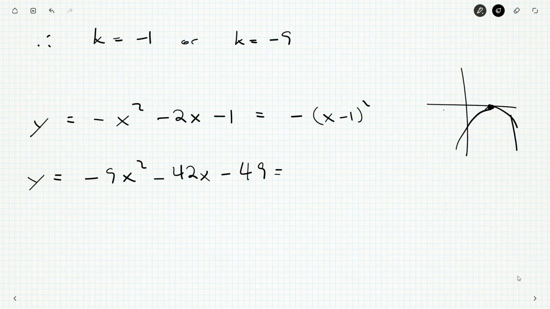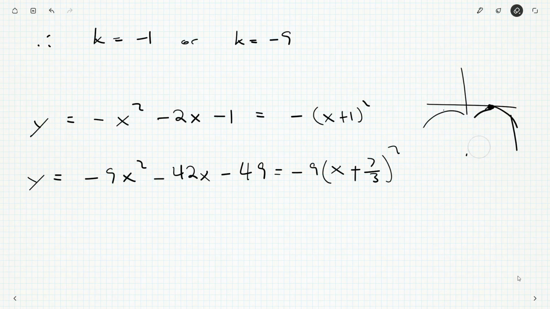Okay, and that's going to end up being minus 9 times... Oh gosh, this is going to be so much fun. Minus 7/3. Yeah. No, plus 7/3. Oh, this one should be plus 1. My mistake. I got my pluses and minuses all wrong there. But there we go. There's those two. And by our math, we've shown that those are going to be the only solutions.